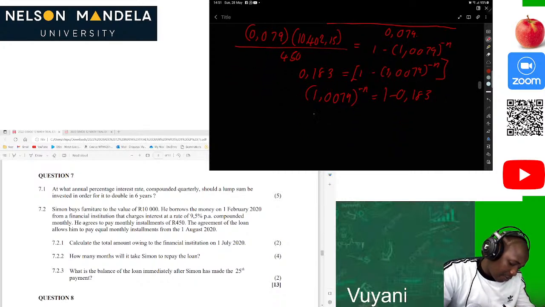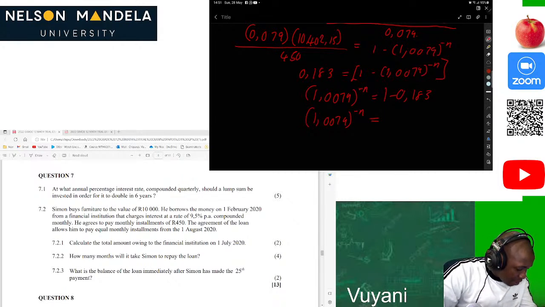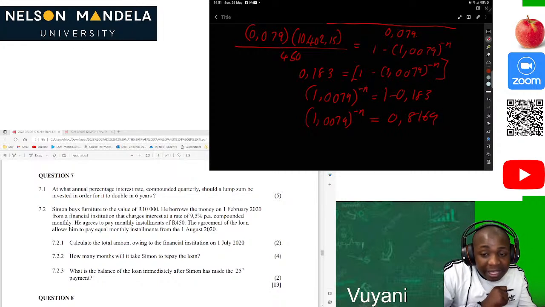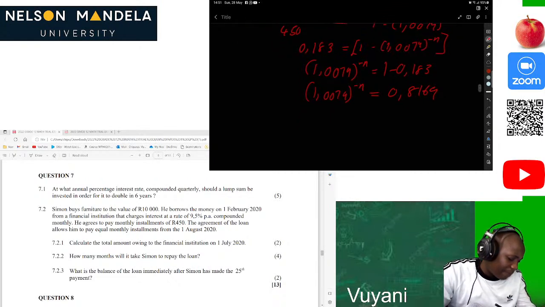Then we have 1.0079 to the power negative n is equal to 1 minus 0.183, and that should be 0.8169. I'm looking at my Casio calculator. Also use your Casio calculator to confirm our answers. After that we can apply the log.